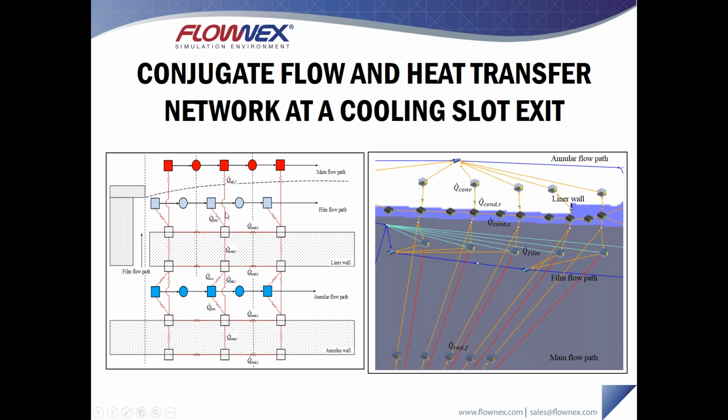We can see we have several, let me highlight right here, several components here that represent the conduction through the liner wall. We have these elements right here that represent convection on the cold side, and then these components down here represent film cooling on the liner hot side, and then also radiation from the main flow path.